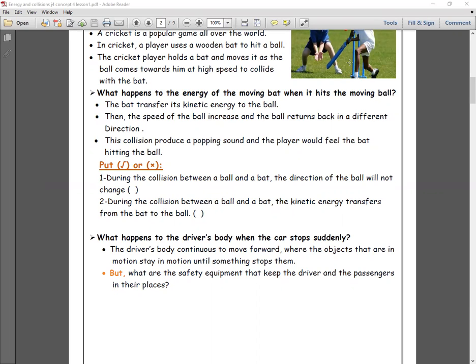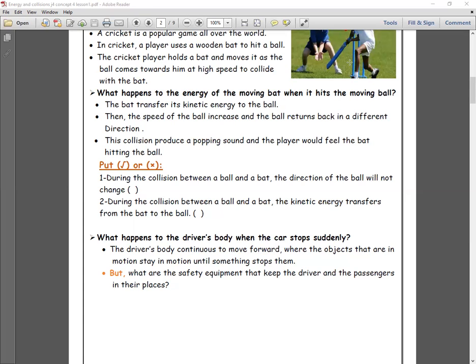Why? Because we feel that we are stuck, we aren't moving, we are constant, but unfortunately it isn't true. Because when we drive the car or are inside the transportation, we take the same speed as the transportation we are inside. So if we drive a car at a speed of 60 kilometers per hour, we also have a speed of 60 kilometers per hour.